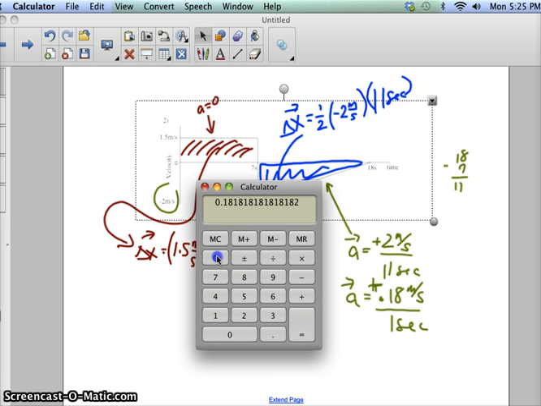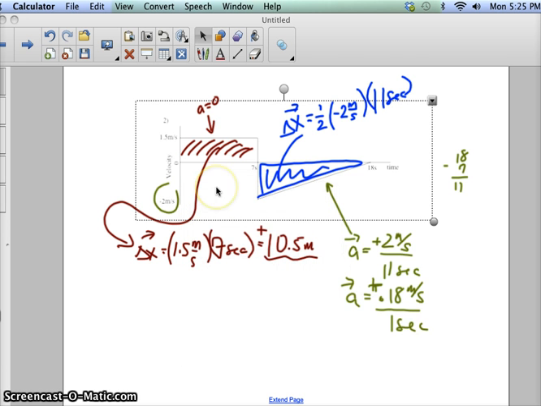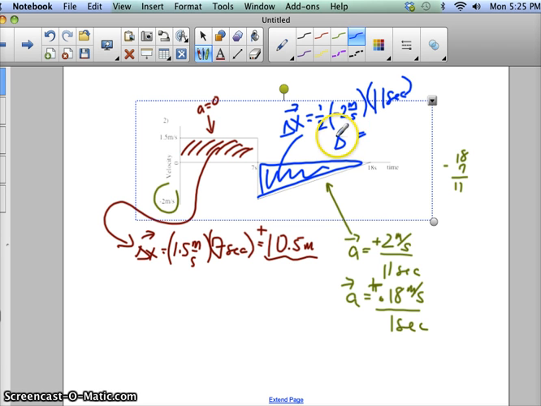So 0.5, right, times 2 times 11, and my answer is going to be negative. Let me try that again. Oh, it's going to be 11. That's correct. So that means my displacement is going to be negative 11 meters.